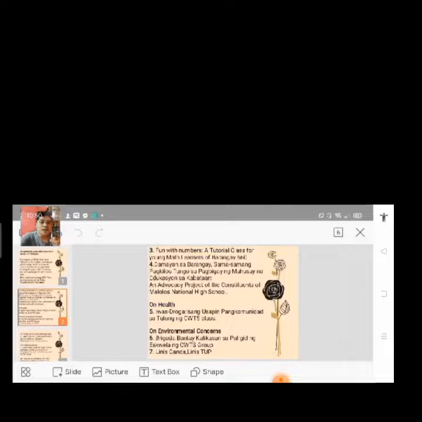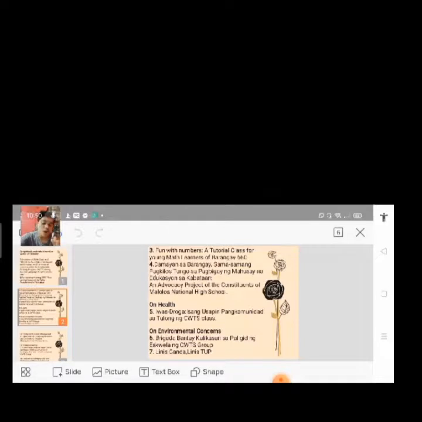Number 4, Damayan sa Barangay, sama-samang pagkilos tungo sa pagbibigay ng mahusay na edukasyon sa kabataan, an advocacy project of the constituents of Malulus National High School.